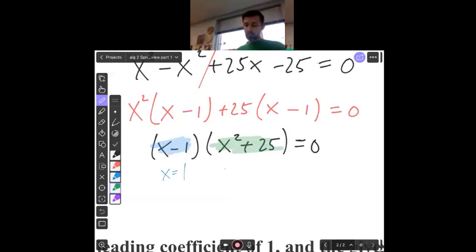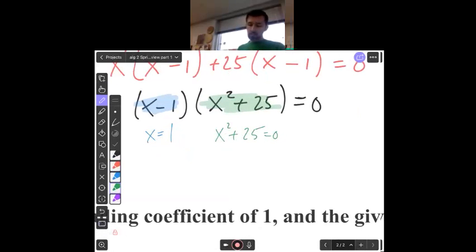Then I'd say x squared plus 25 equals 0, and then we solve that simple equation. So kick the 25 over, so we got x squared equals negative 25. How do we unsquare something? Square root, yep, good.